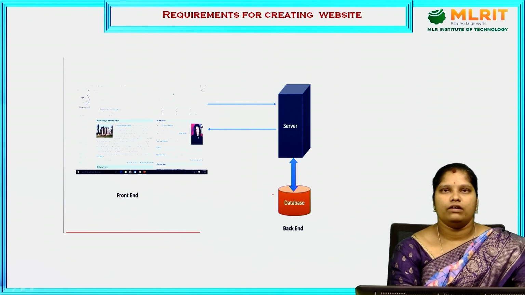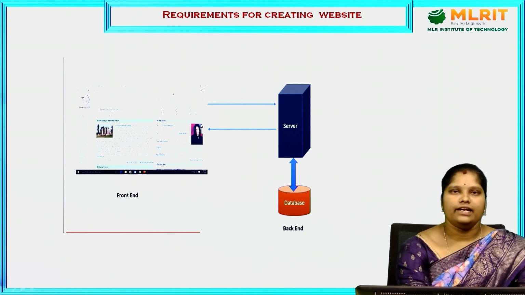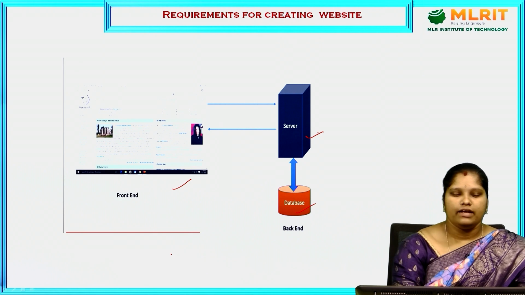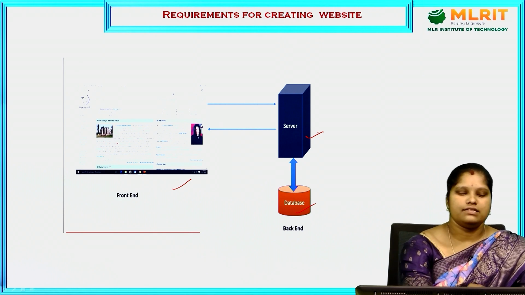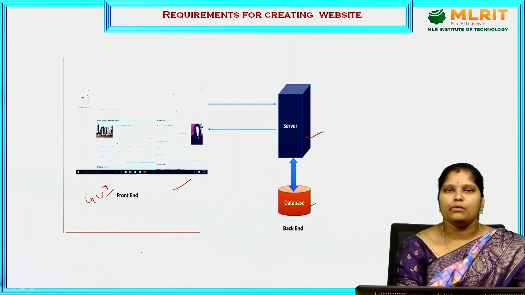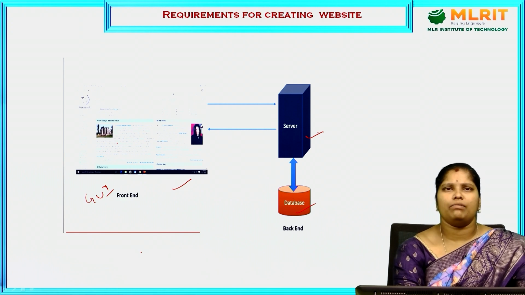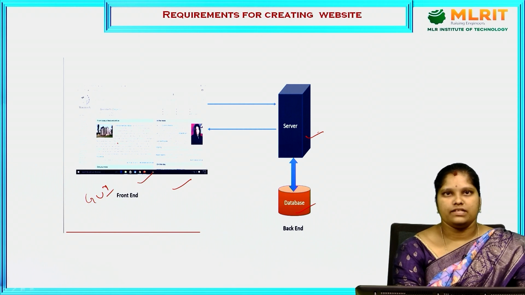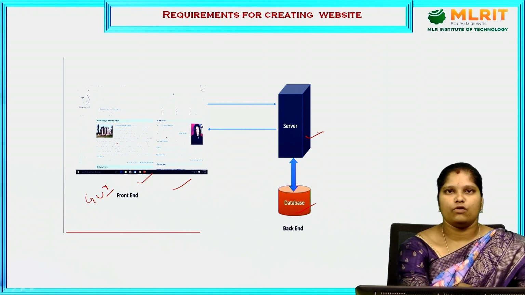And this is about the requirements. Here there is the front end part, the server, and the back end part. This is the front end part, the GUI, graphical user interface. This is visible to the user and the customers. For example, I need some information about MLRIT. I search on Google, and the website opens.